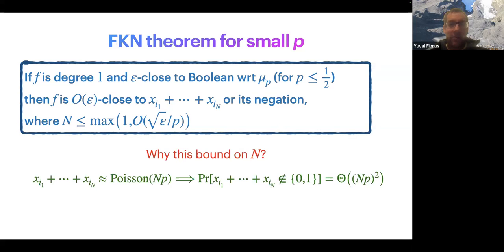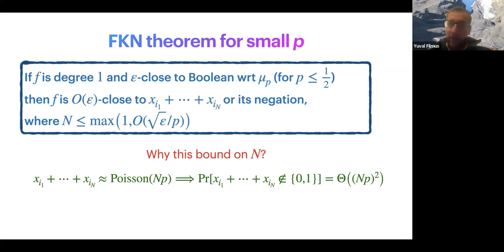Roughly speaking, it's not really true, but roughly speaking, the distribution is close to Poisson with expectation np. This really depends on the relation between n and p, but let's not worry about it. And this means you can do a calculation that the probability that this function is not Boolean is something like (np) squared.